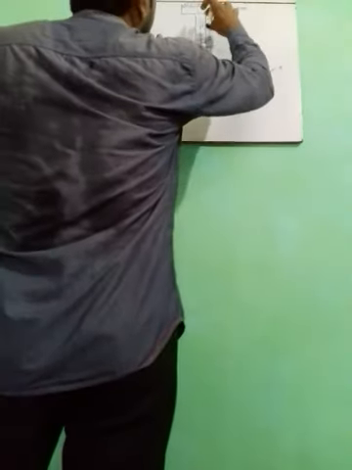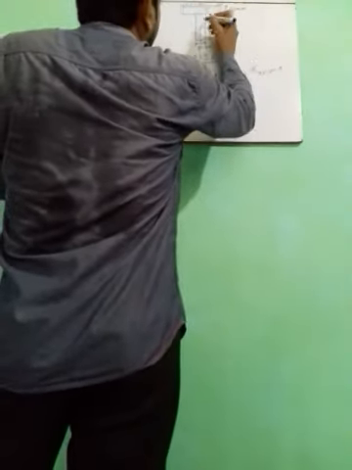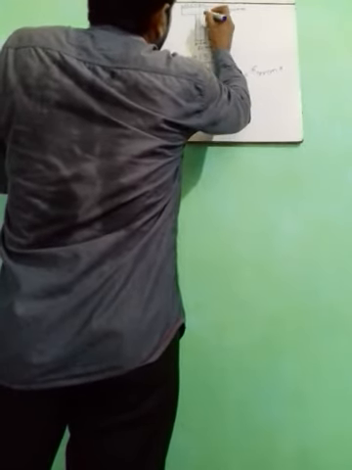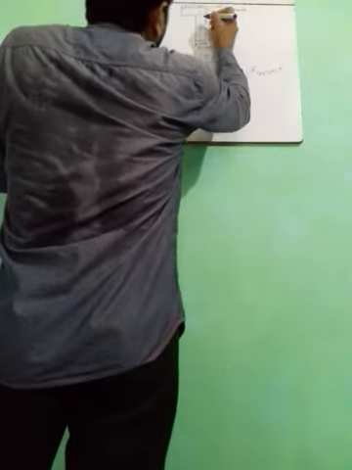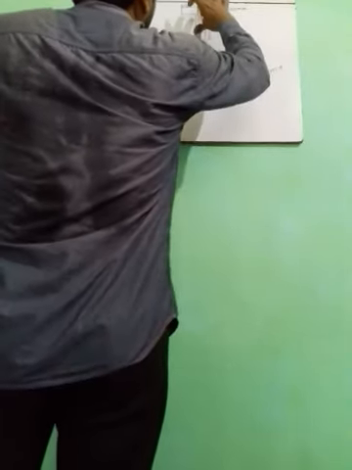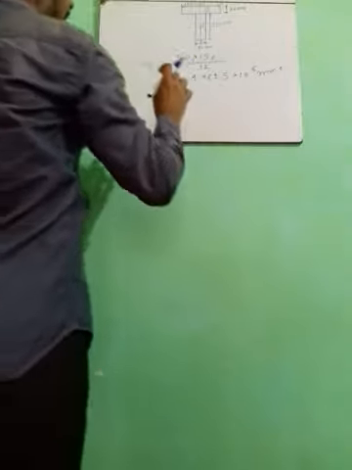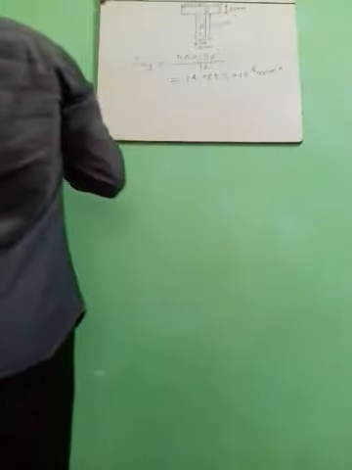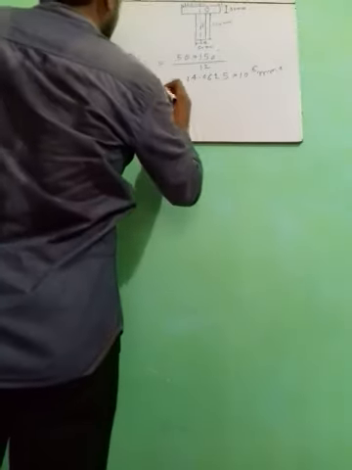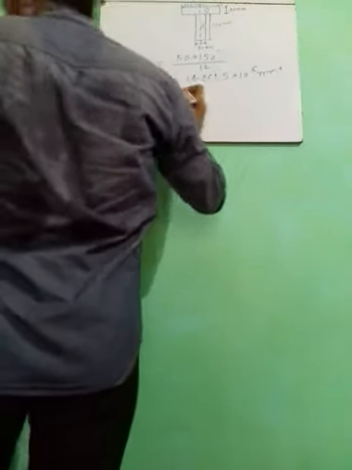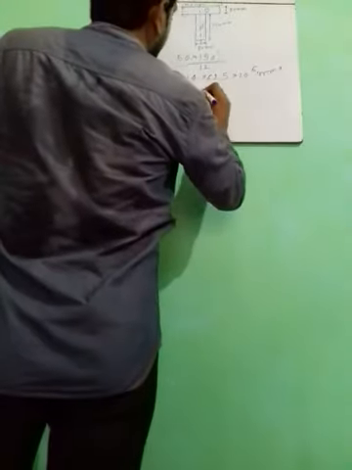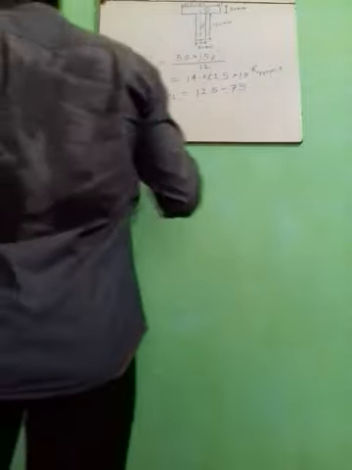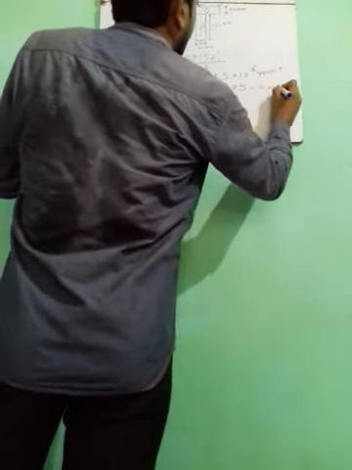The CG of this figure may be at this point, and the actual CG will be at this point. So the difference between the CG of the total figure and the CG of this figure is called H2, equal to 125 minus 75 equal to 50 mm.